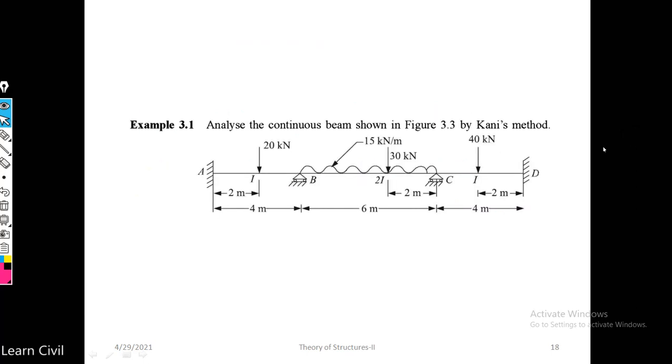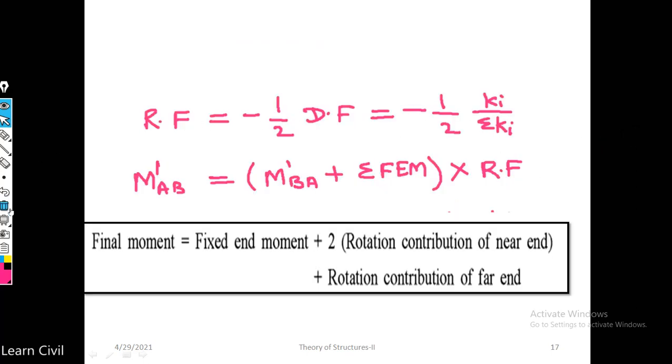One more concept is there, that is the rotation factor.